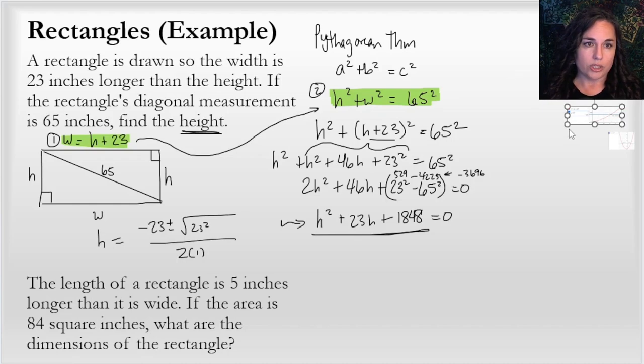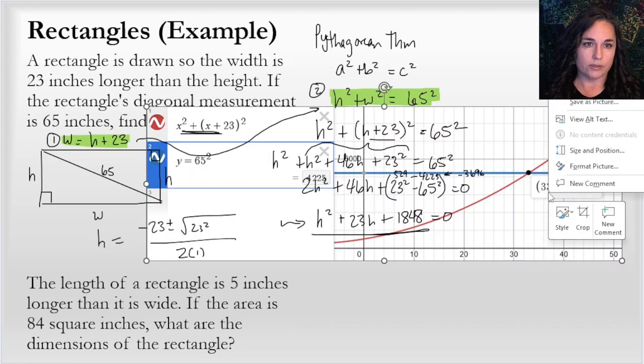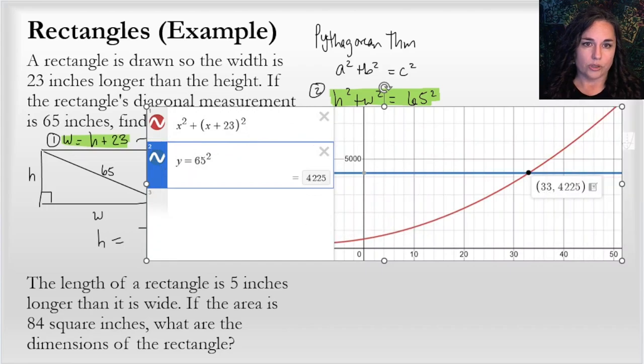The first graph I'm going to show you here is this one. Let me bring it to the front. Bring to front, and you can see that I set my original equation and I put x in there instead of h like I mentioned. Here's the parabola, the original parabola. The red part is that h squared plus w squared term. And then I said, when is that equal to 65 squared?